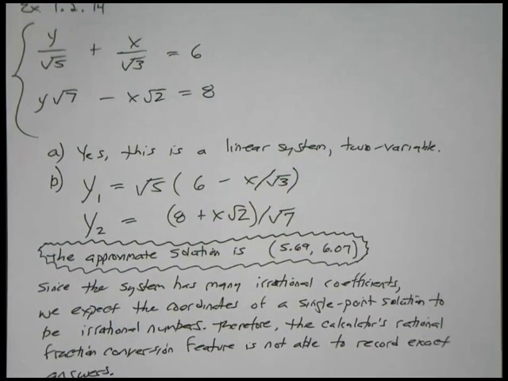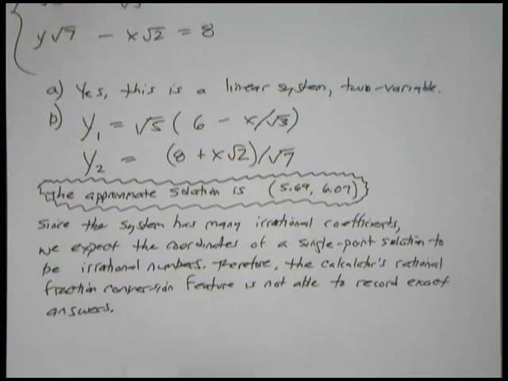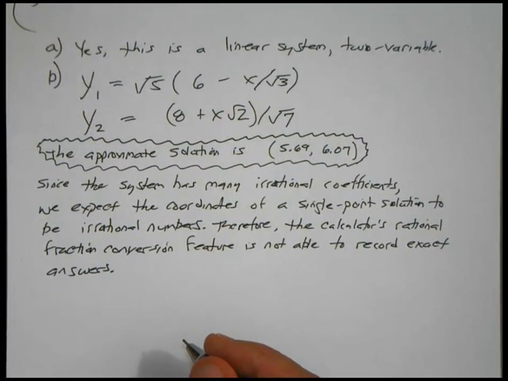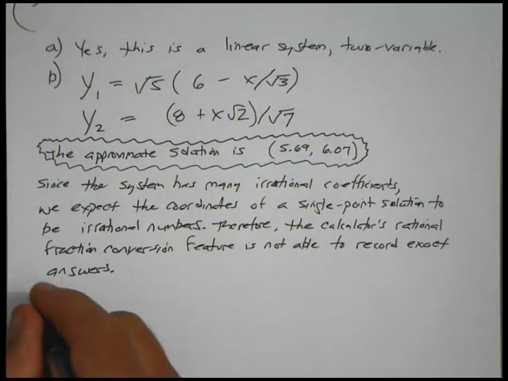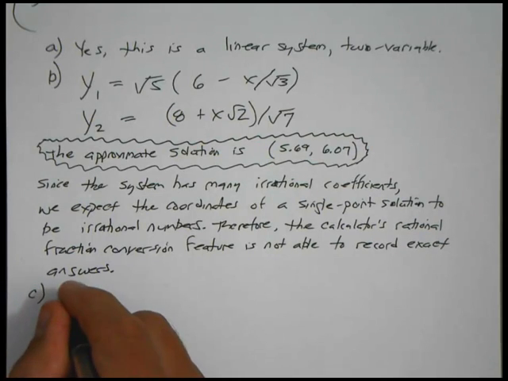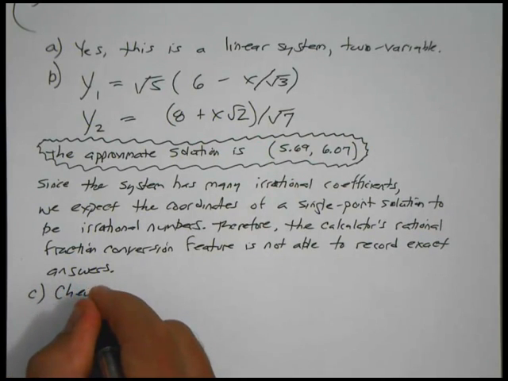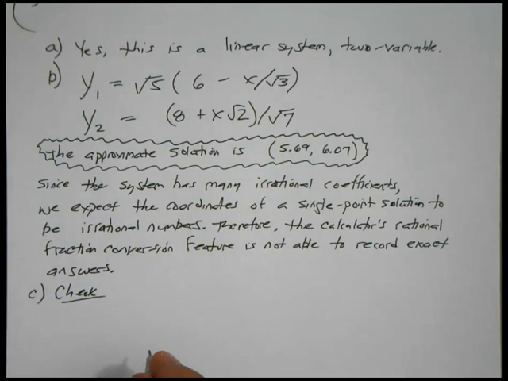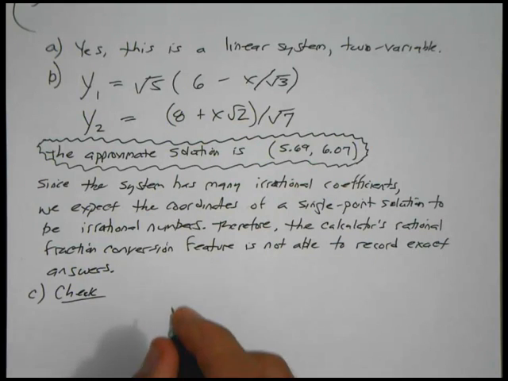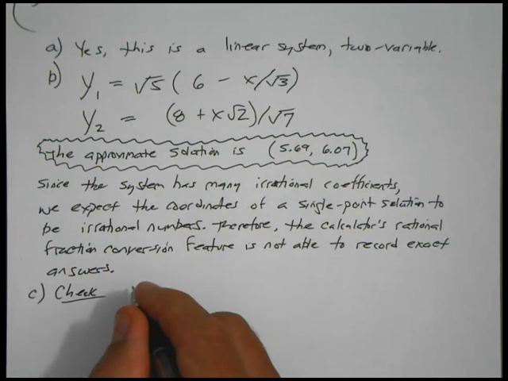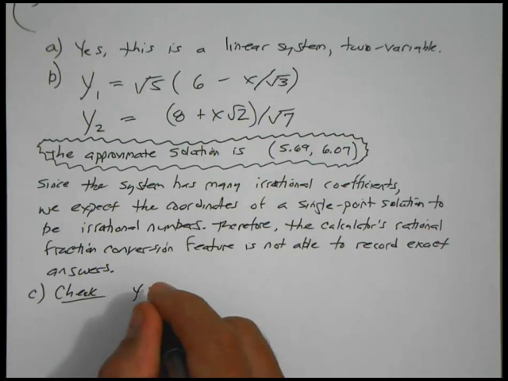Now we have the check still remaining here. Let's get going on that. Part C, check. As usual, we will go to the original equations, take their left-hand sides, and have the calculator compute them and see if it equals the original right-hand side.